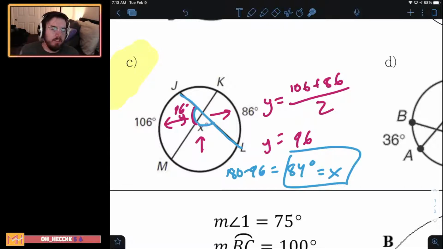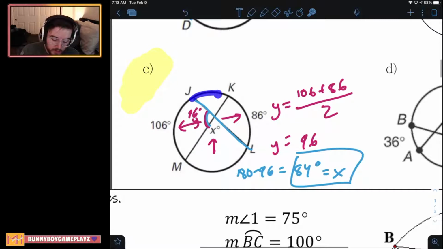So there was kind of an in-between step, right? You got to be able to catch that. I hope that clarifies why we had to solve for this first, because these arcs are not in front or behind angle X as I've been referring to them, right? These arcs are relevant to find these angles, yeah?